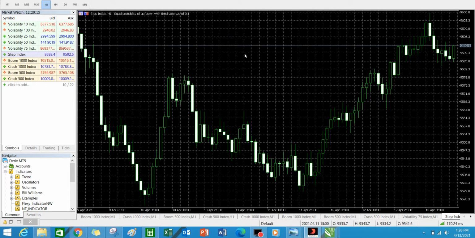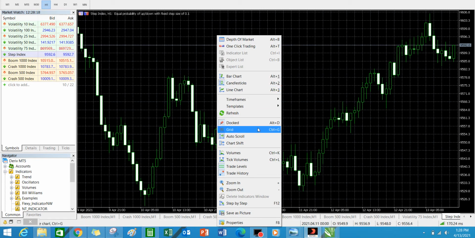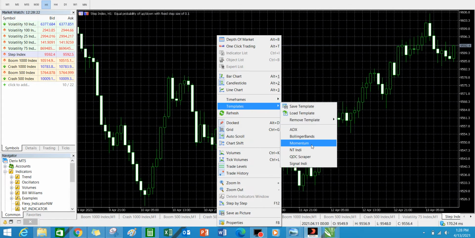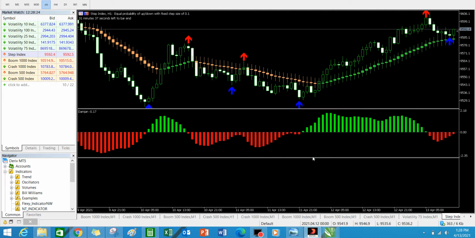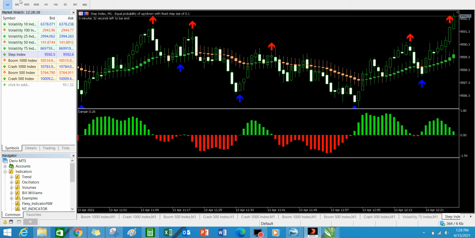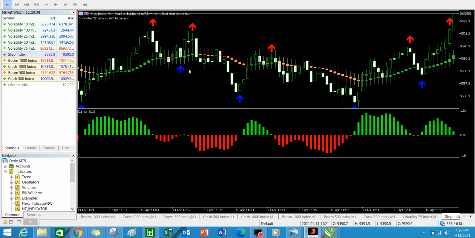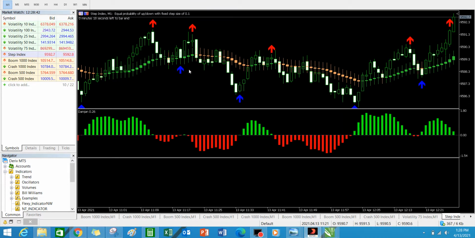This is our step index, so I'm just going to load our indicator on it. Okay, wow, so this is it. Like I said in my last video, on 1 minute time frame we're not allowed to see the QDC scraper indicator. I don't know, but I believe it's because step index has a steady movement compared to volatility 75.